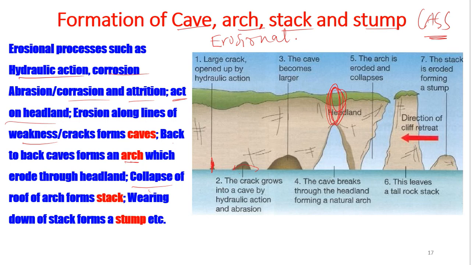Collapse of the roof of an arc will now leave a large standing rock called a stack. Wearing away of the stack, once it gets worn away, it retreats, gets eroded, and it will now leave behind this small structure here called a stump. That's just it.